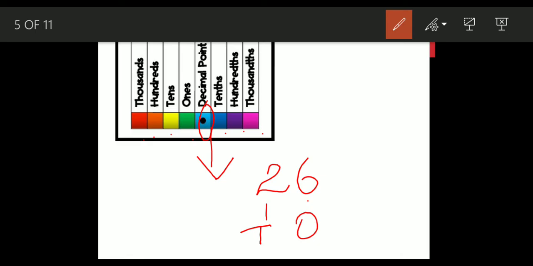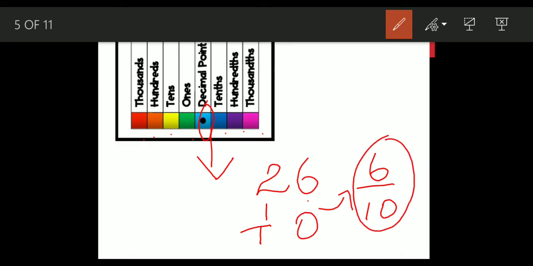If I want to go next to 6, I just need to divide by 10. So the number is divided by 10, that is 6 by 10. We call this place value the tenths place value.